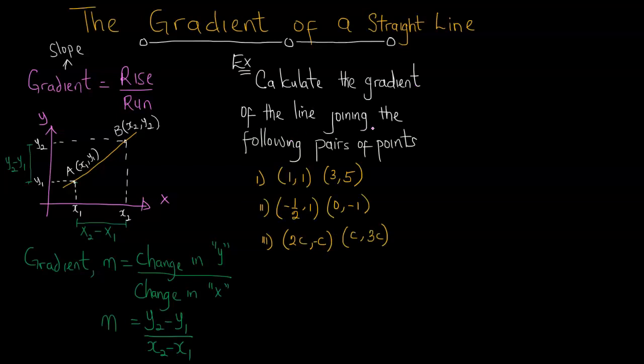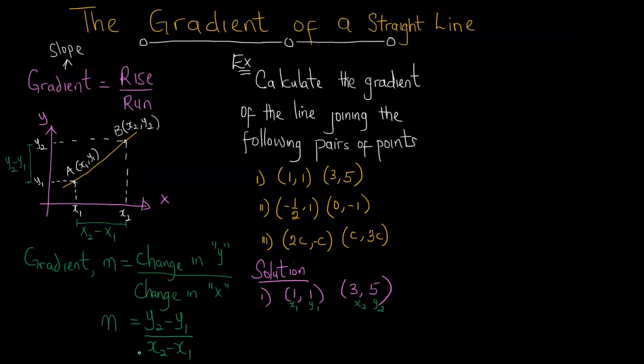Calculate the gradients of the line joining the following pair of points. So we've got 3 questions here. So we're going to solve each one in turn. The first one has points 1, 1 and 3, 5. So all we have to do here is to label the first point as x1, y1, and the second point as x2, y2.